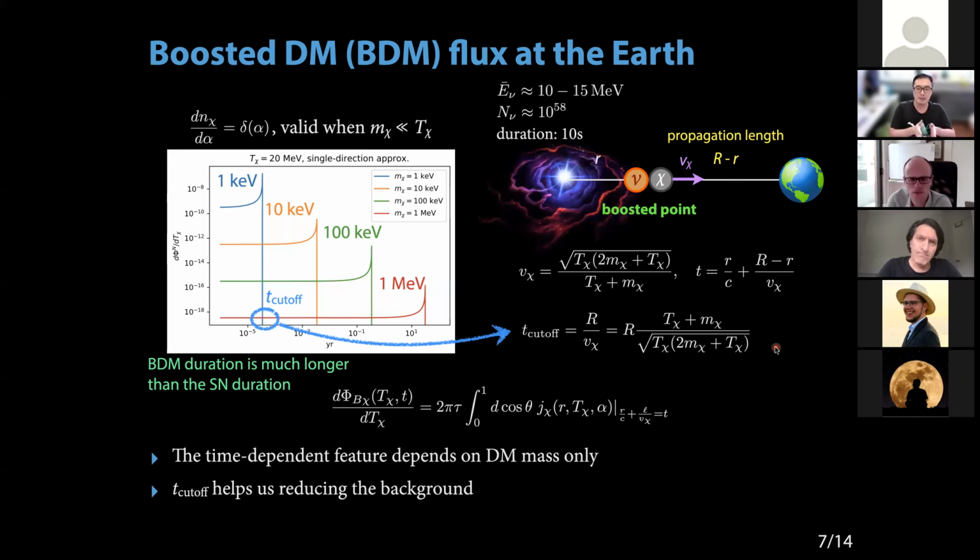So by knowing this cutoff time in advance, we can minimize the background and maximize the event rate. Therefore, we can get better sensitivity results. So this is a very interesting time-dependent feature of the BDM flux, and we can use it to control the background rate.